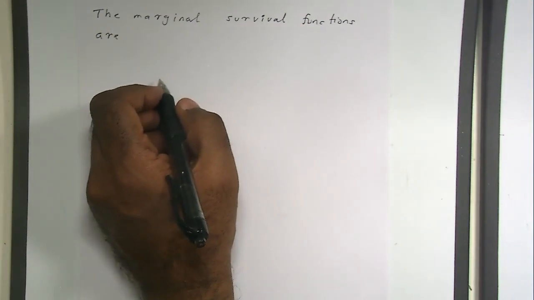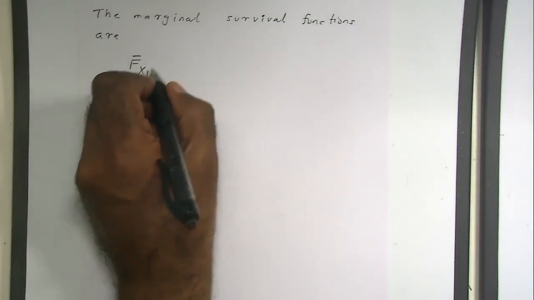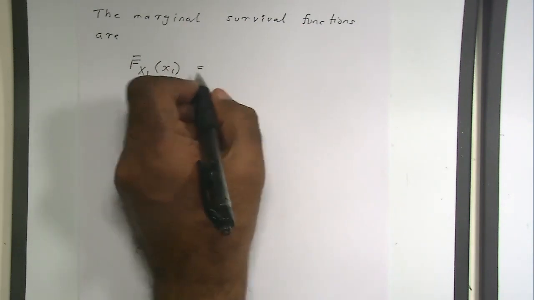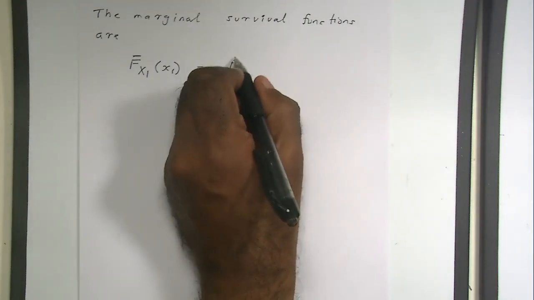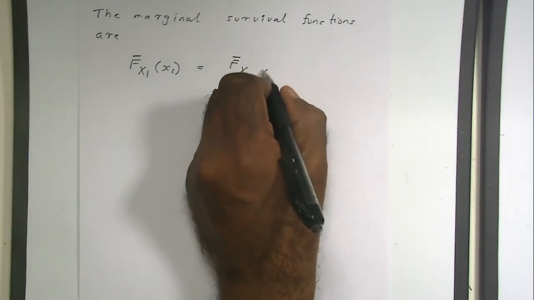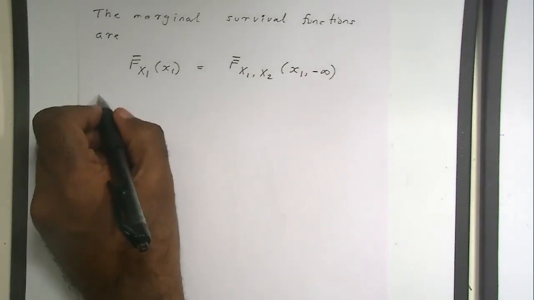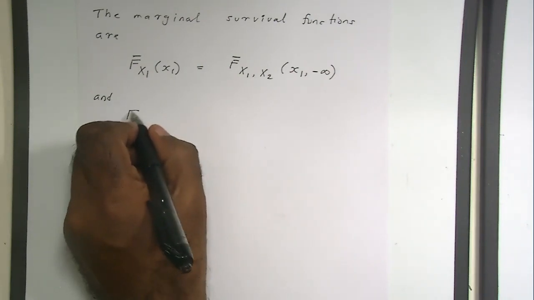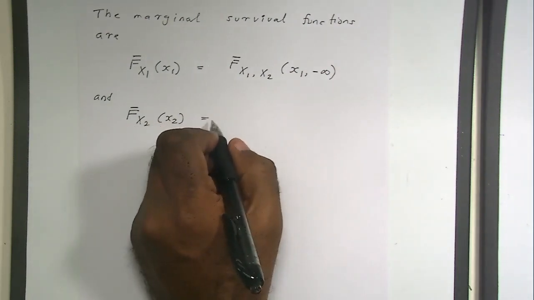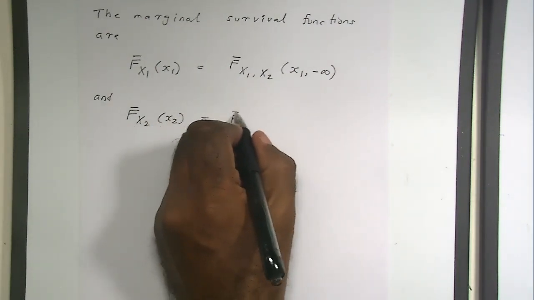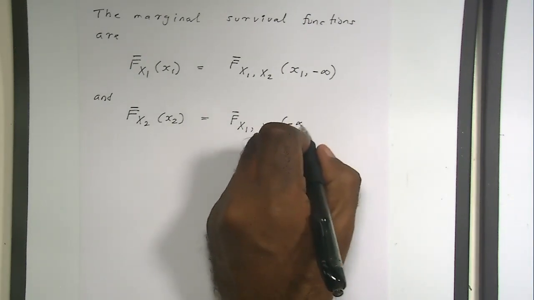To get the marginal survival function, all you have to do is put x2 equal to minus infinity to get the marginal survival function for x1, and for x2, you put x1 equal to minus infinity.